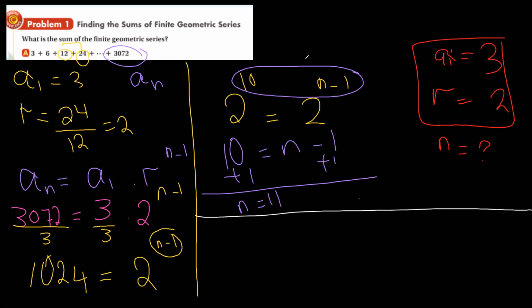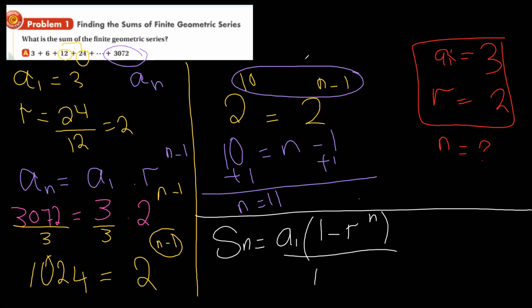How? I know that S of n is a1 times 1 minus r raised to the power n over 1 minus r. Let's find it now here.